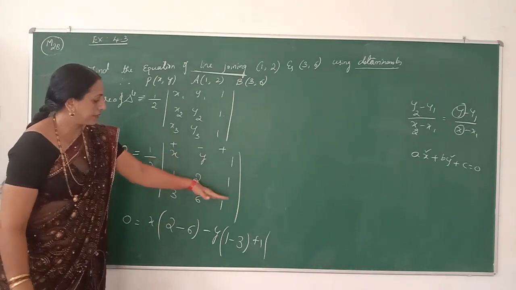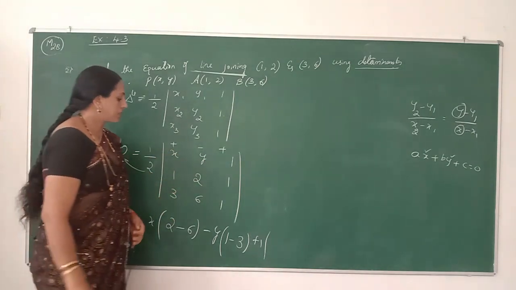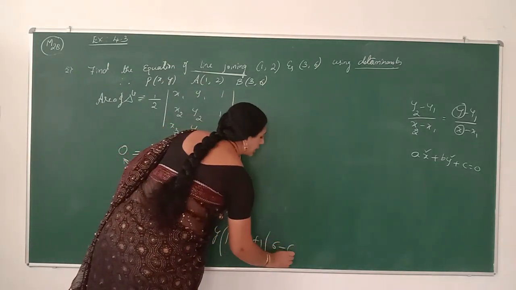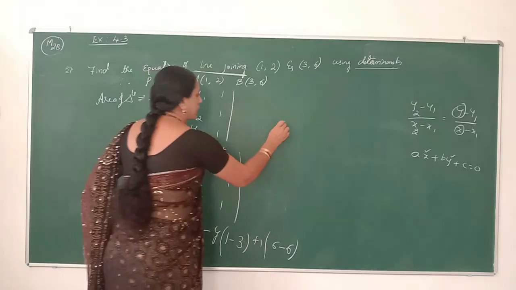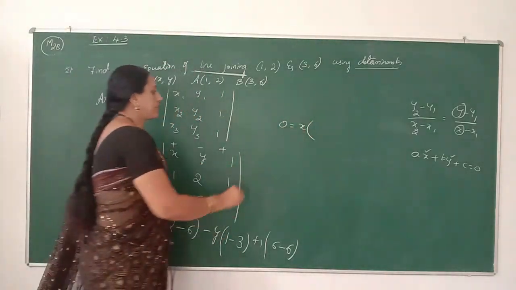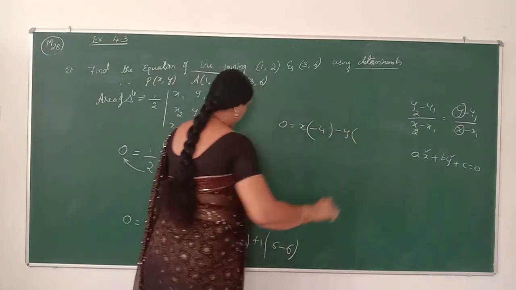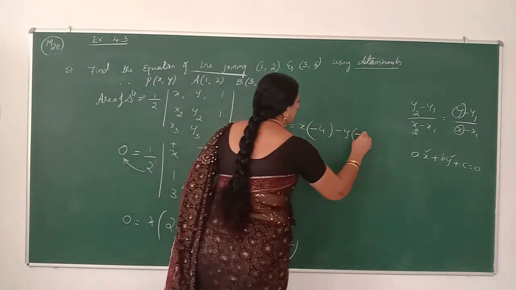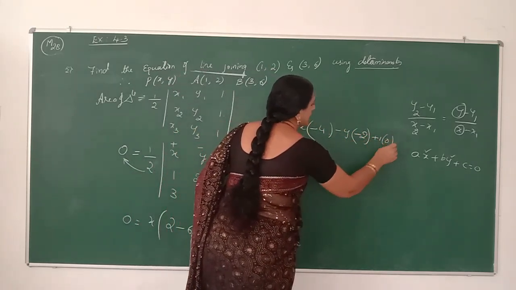Both these are neglected, and the remaining are simplified. 6 into 1 is 6, minus 2 into 3 is also 6. That is 0 is equal to x of 2 minus 6 is minus 4, minus y of 1 minus 3 is nothing but minus 2, plus 1 into 6 minus 6 is 0.